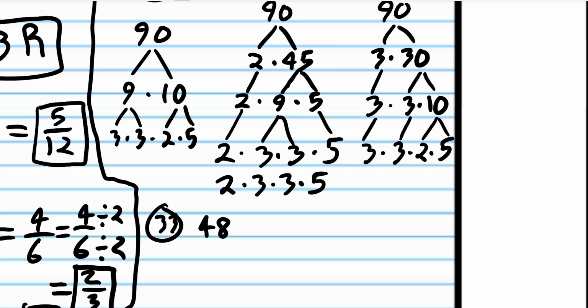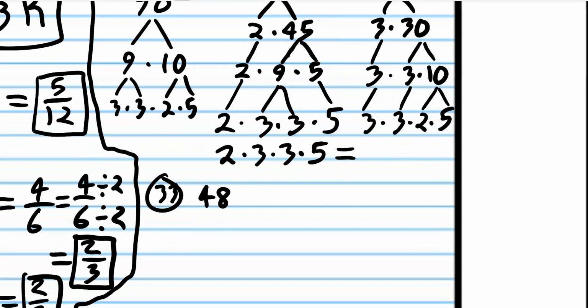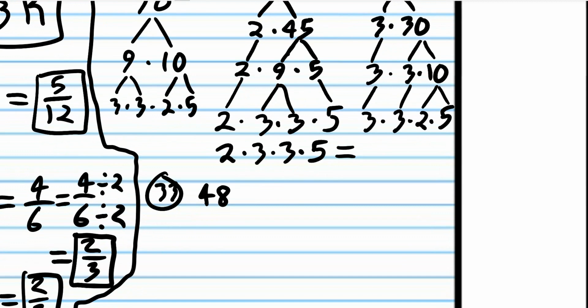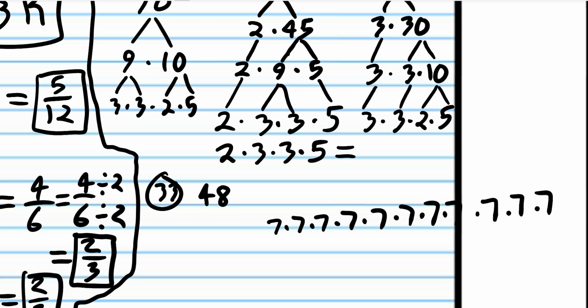That's the complete factorization. But to write this final answer, we're gonna use something called power notation. Now you haven't learned power notation, but power notation is really easy. For example, let's say that I have 7 times 7 times 7 times 7 times 7 times 7 times 7 times 7 times 7 times 7 times 7.